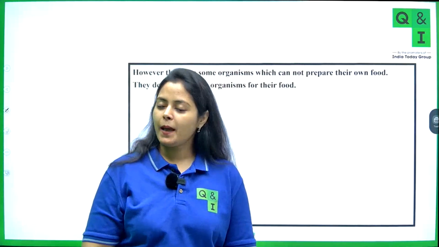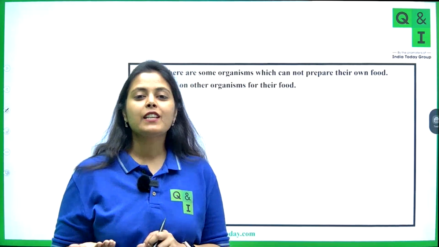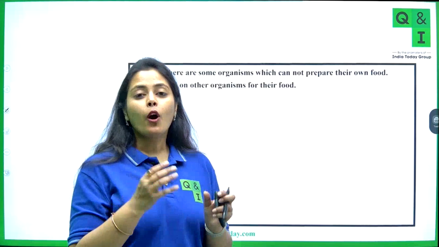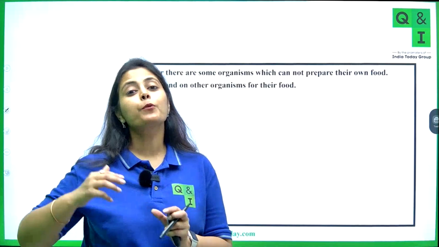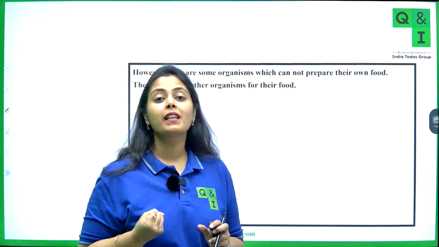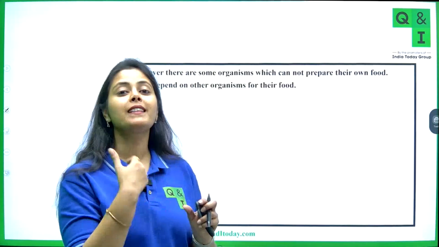So students, what we are cooking in the kitchen is basically we are processing the food. We don't cook, we are processing it. The raw materials which we get from the market are actually the cooked materials which are being manufactured by the plants.